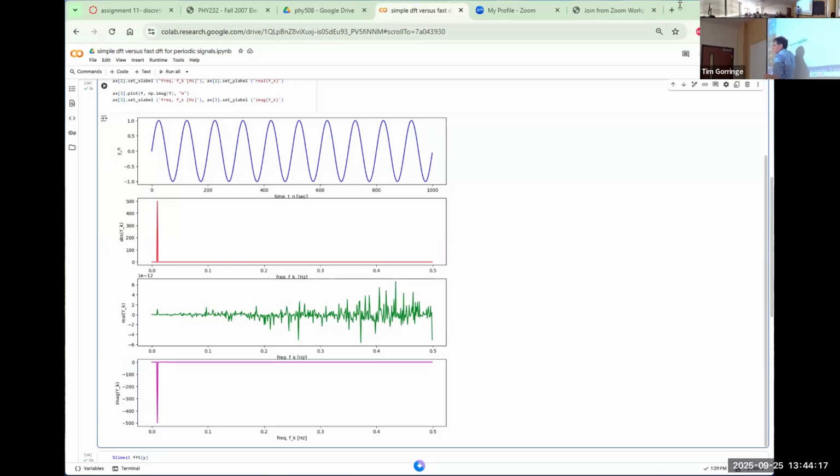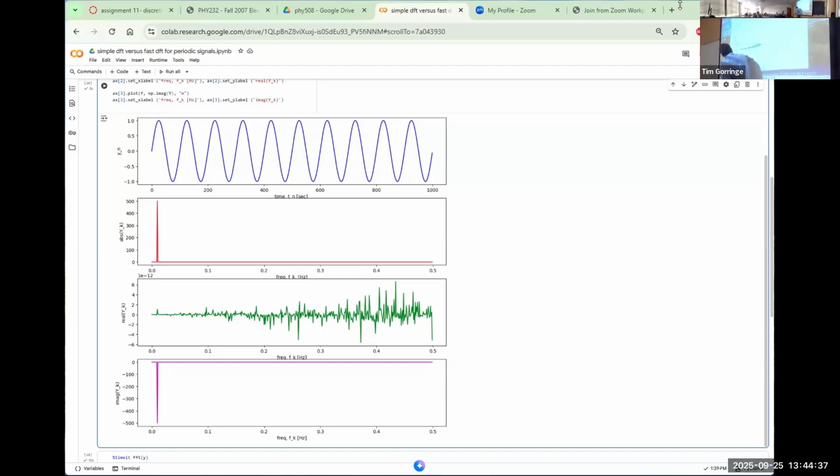This is 500, the number of samples, 1,000, divided by 2. So that's how a unit amplitude in the time domain will appear in the frequency domain.